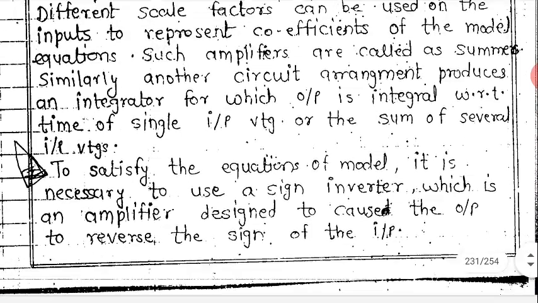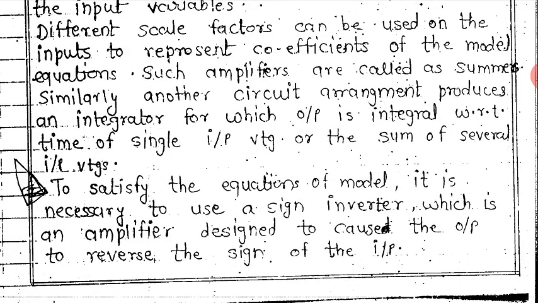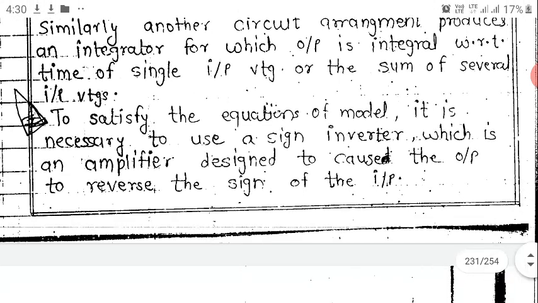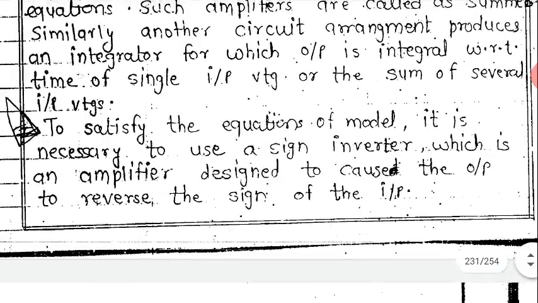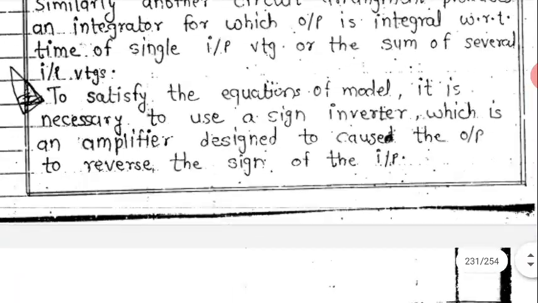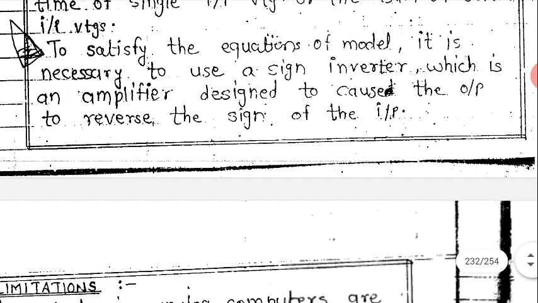The circuit which has the arrangement given here is an integrator, acting as an integrator for the output which is the integral with respect to time of a single input voltage or the sum of several input voltages.